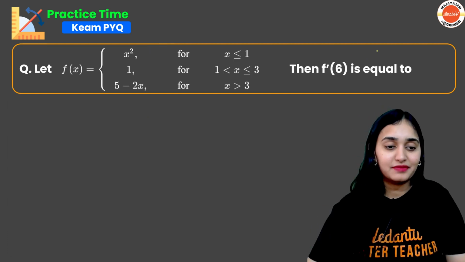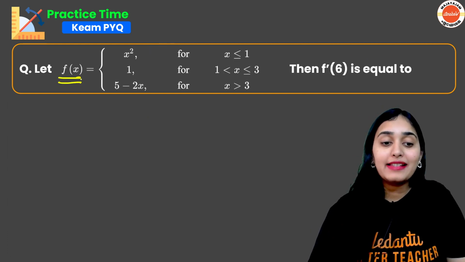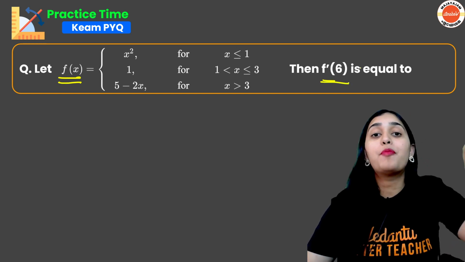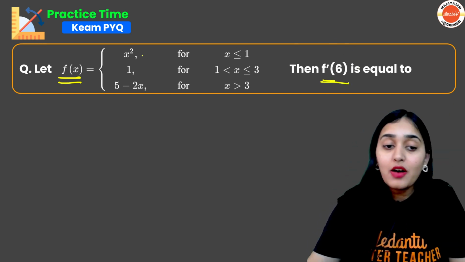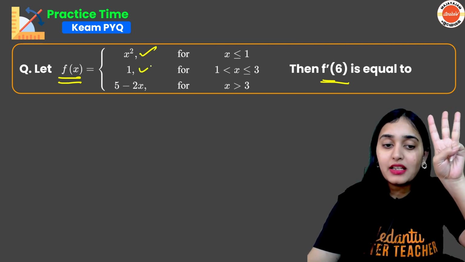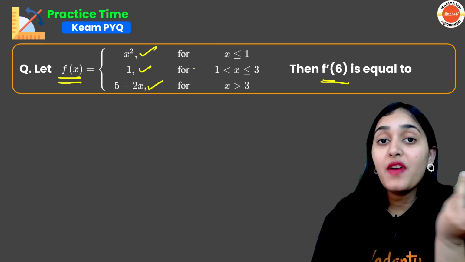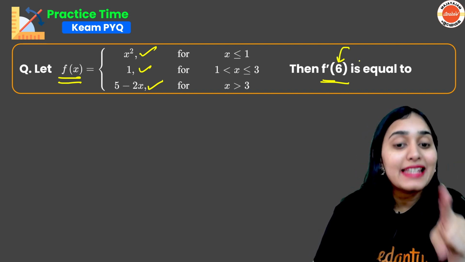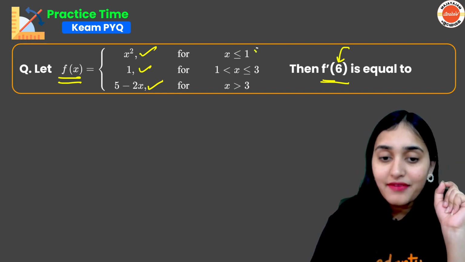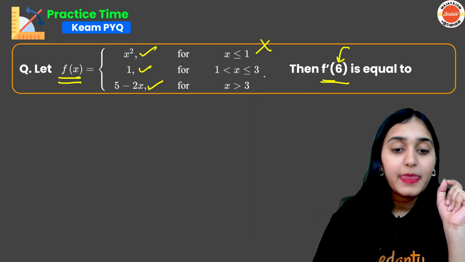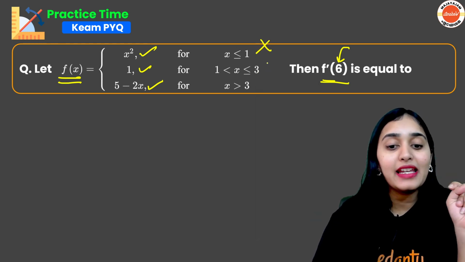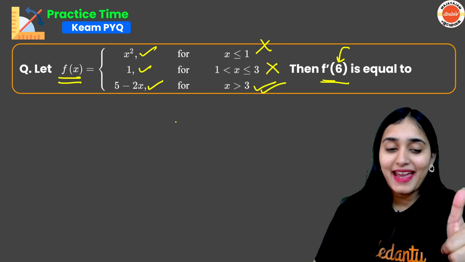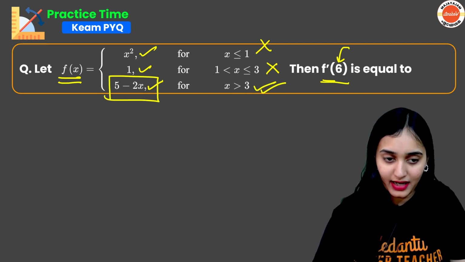Okay. Next. F of x is given. You have to find out f dash at point 6. Now there are 3 functions: this function, this function, this function. Which one will you choose? Since they are asking for 6: is 6 less than 1? No. Is 6 less than 3? No. Is 6 greater than 3? Yes. So we will choose this function.